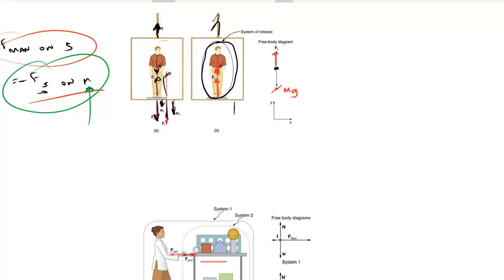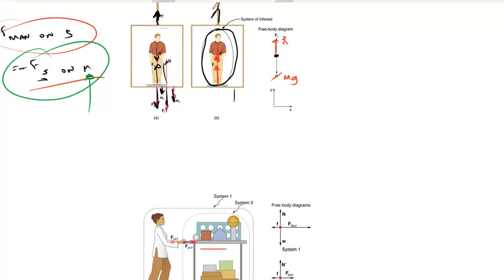We could call this a normal force as well. It's kind of up to you what you want to call your forces there, but recognize it is a normal force. And then from here, we would write out our sum of forces. The sum of forces in the x direction would clearly be pretty boring right here because there are no forces in the x direction. So the sum of forces in the x direction is equal to 0.